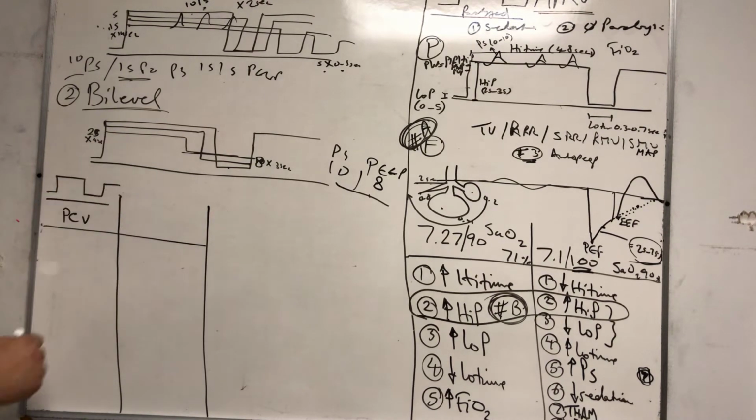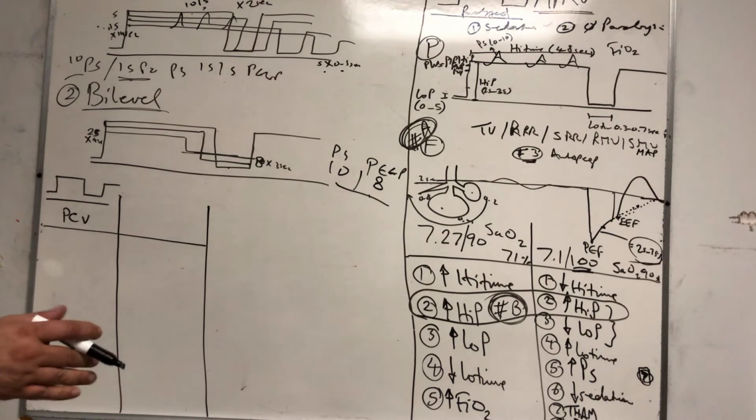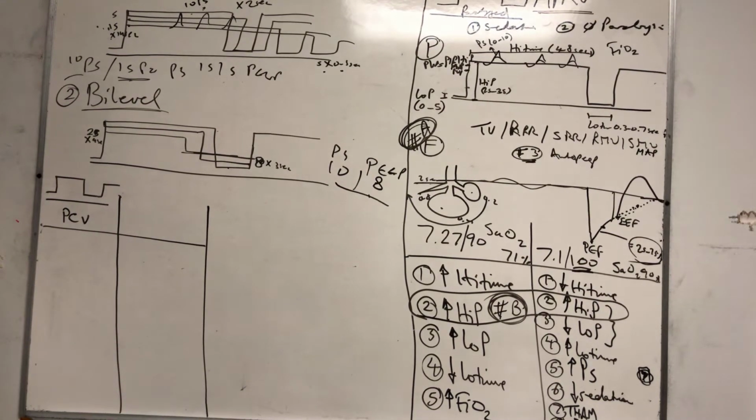I don't want to switch him to APRV, whether because my respiratory therapists are not familiar with it, or it's not the first time to start. By the way, if you decide to take this to another hospital and say, I'm going to bring this because I know how to use APRV, don't start with APRV, start with the bi-level, right? If you're bringing something new, bi-level is much easier and more palatable, with fewer complications. And then you can start saying, you know what, I feel like prolonging this time and shortening this time. Okay, we went to the APRV territory.